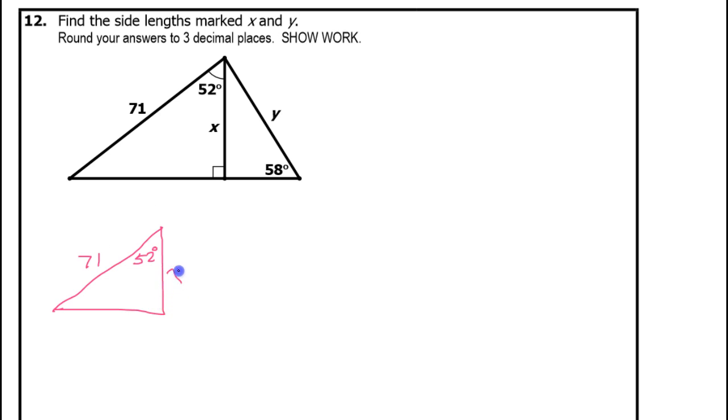Here's your x. There's your 90-degree angle. The triangle on the right can be redrawn. So there's your 58. And there's your y. And this x was shared between both triangles. So this will be x again right here.